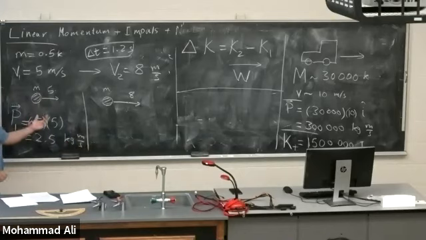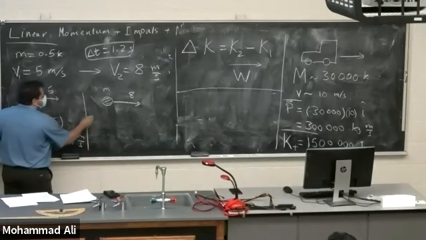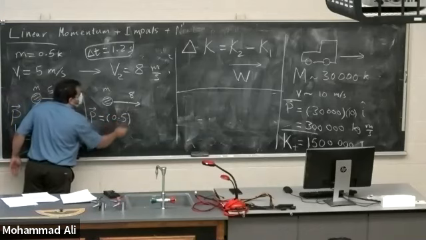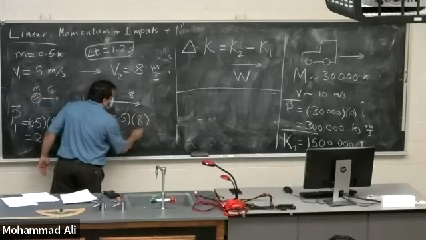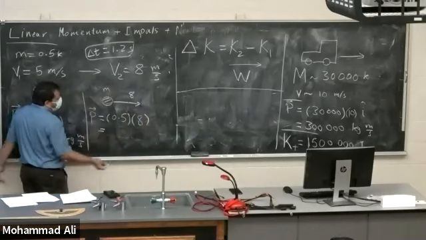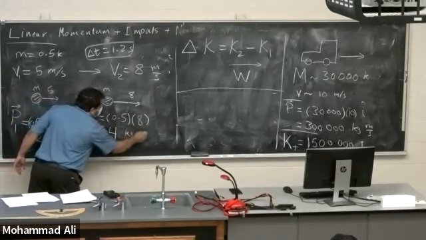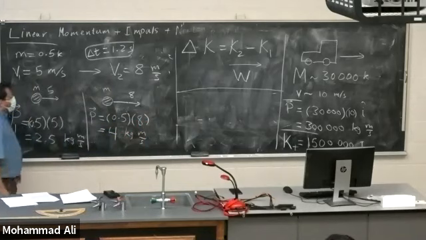Then the momentum finally, or P2, became 0.5, the mass, multiplied by the new velocity, which is equal to 4 kilogram meter per second. Do we have any change in this quantity? Yes, we have.